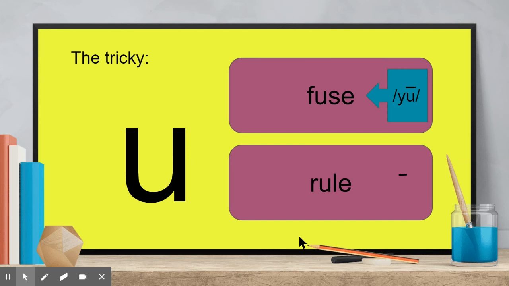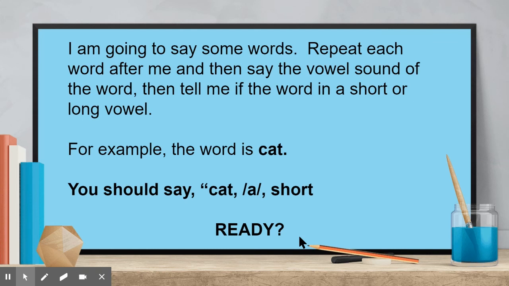You hear that? Fuse. Or we have a word like rule, wool. So when we are playing with the U's, we do have to be flexible when we talk about this VCE sound, because like we talked about at the very beginning, in English, some letters can make more than one sound, right? So fuse or rule, both have a U.